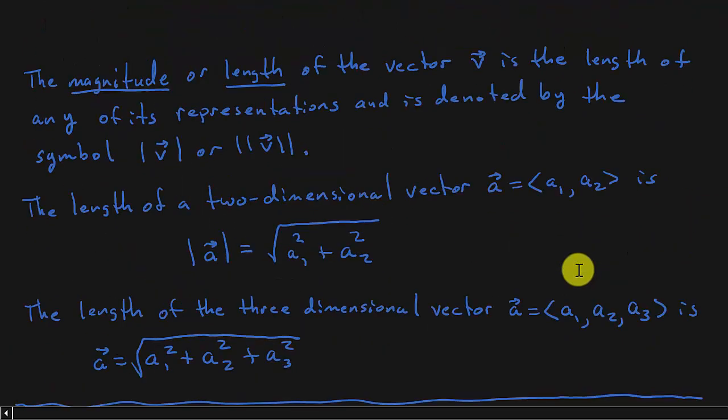Let's look at this. What about the magnitude or length of the vector V? The magnitude or length of the vector V is the length of any of its representations.